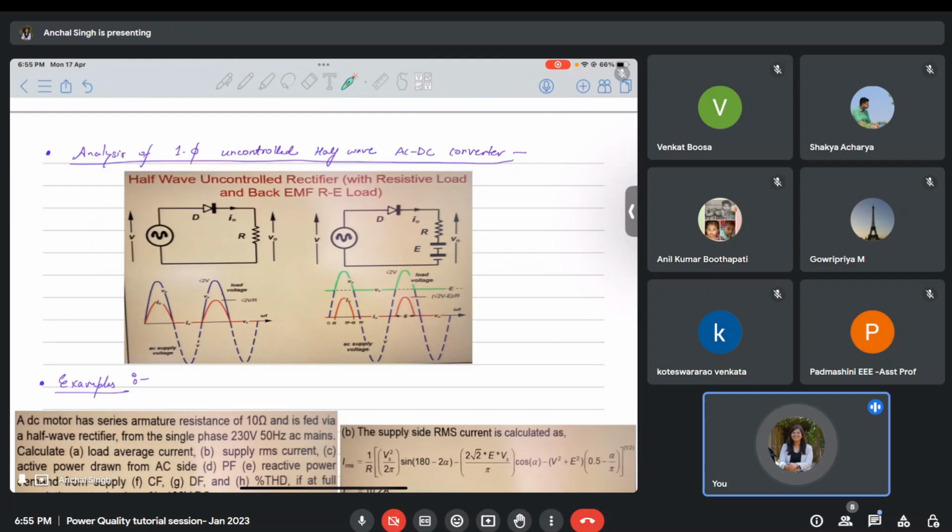Then you need to draw a timing diagram based on the behavior of the device that is put. Since it was a diode, we didn't have to think much. But if this is any other device, then we have to take care of the behavior of the device in the positive half cycle and in the negative half cycle. From that we can draw the waveforms, and from the waveforms we have learned to find out the average value, then the RMS value.